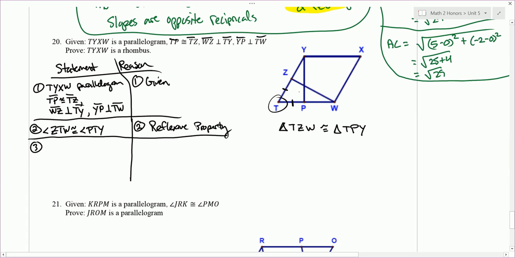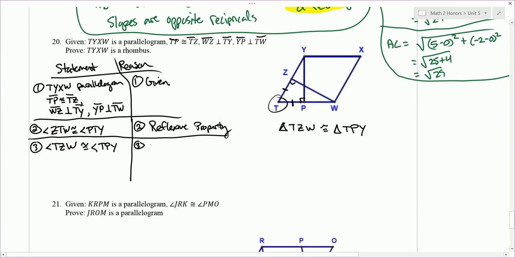Third, something that is in the givens, I'm just going to state it here, angle TZW is congruent to angle TPY. And the reason is, well, from the givens, they're both 90 degrees, they're perpendicular.